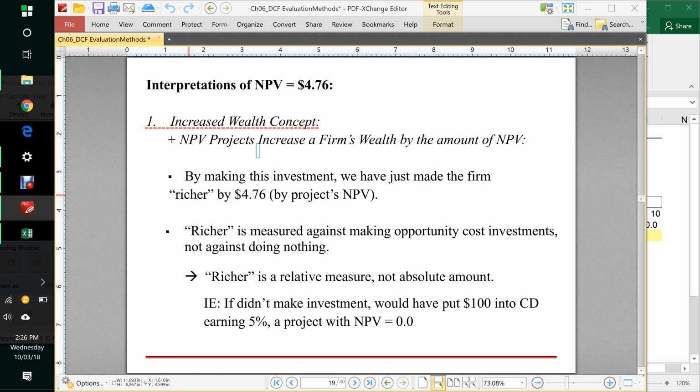So in this case, if we decide to go with this project, we've just made our firm richer by $4.76. What do we mean by that? Well, richer is measured against making opportunity cost investments, not against doing nothing.